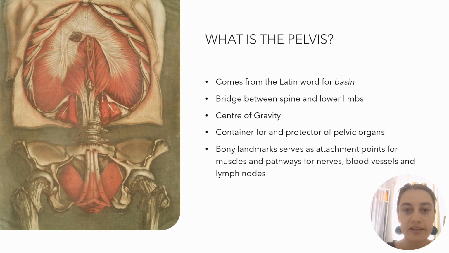And in being so, it can be a place of our center of gravity. It's also the container for and protector of our pelvic organs. So it protects the pelvic organs, it contains them. And the bony landmarks, so this is the actual bones of the pelvis, they serve as attachment points for muscles, as well as pathways for nerves, blood vessels, lymph nodes, other structures in the body.